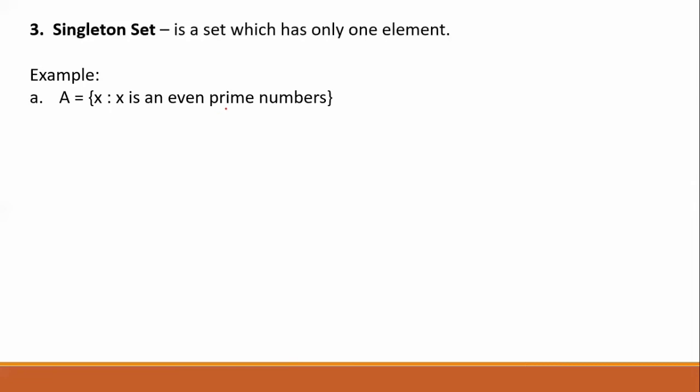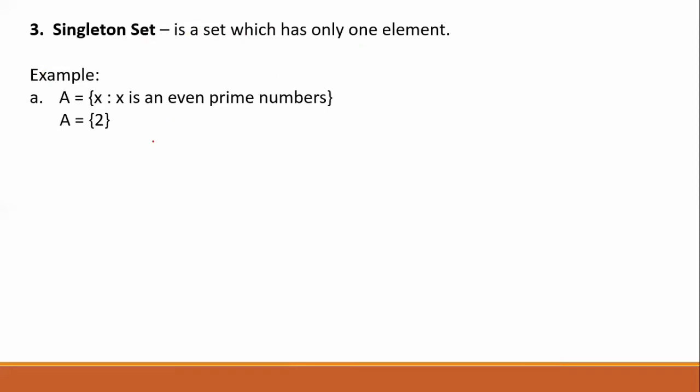So those are prime numbers. What are the elements of x? That's right. We can find only one element of A that is even and at the same time prime, and that is only 2. Therefore, set A is said to be a singleton set.